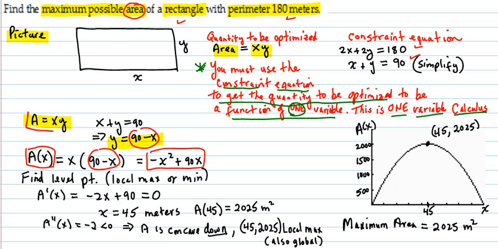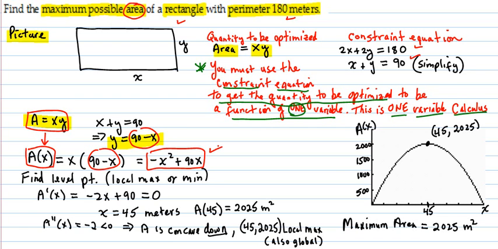And I wrote the area as a function of x. So you start off without the function of x notation on the A for area, and then you put the function of x notation as soon as you have substituted in and gotten one variable. Now we're looking for a level point, or maybe an endpoint of some interval, but typically it's a level point.